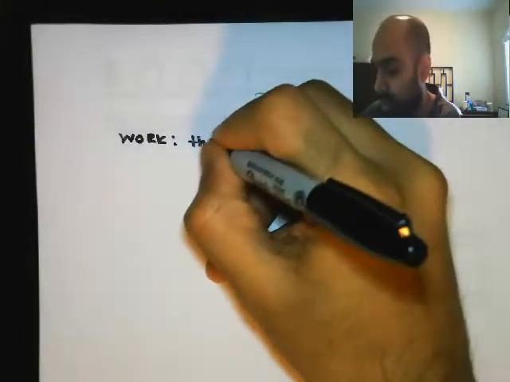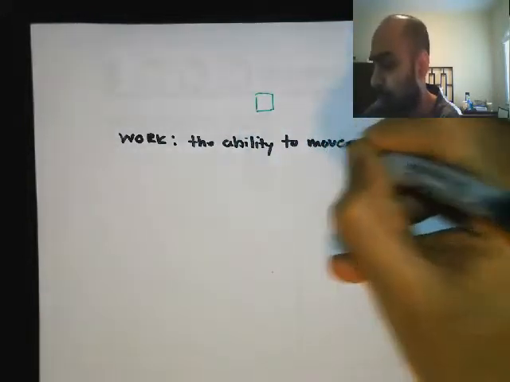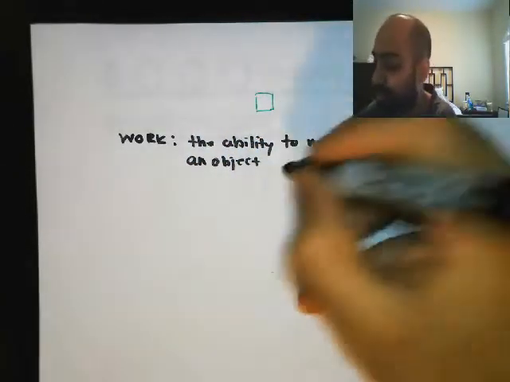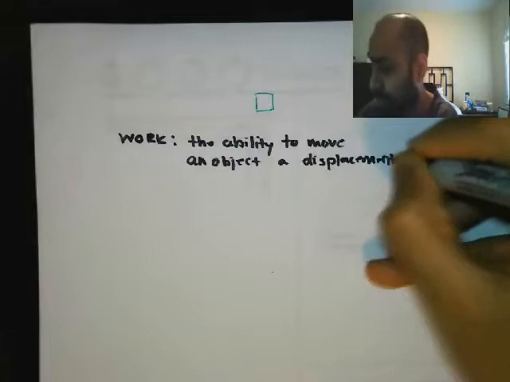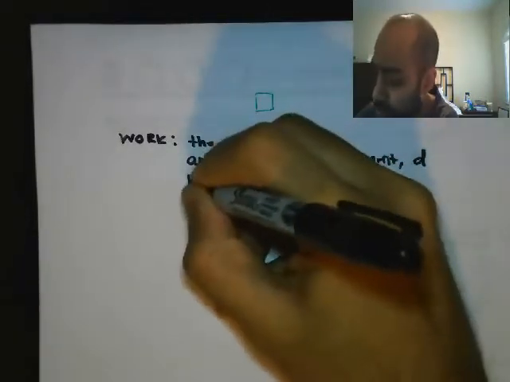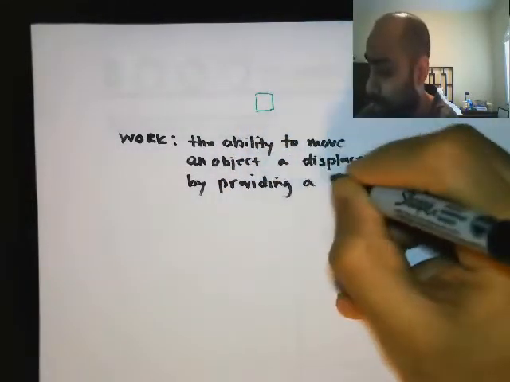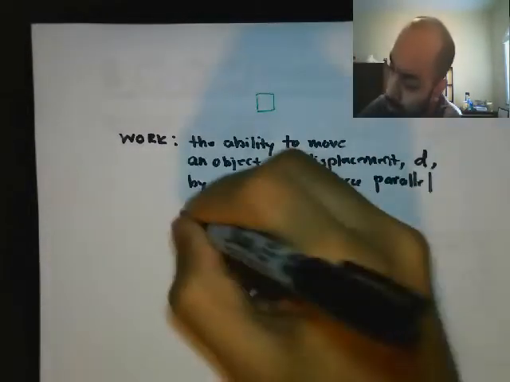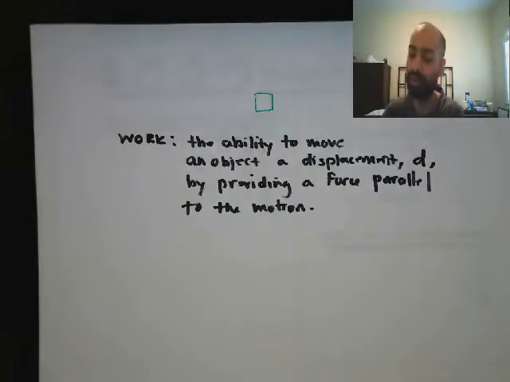Well, work is going to be defined as the ability to move an object a displacement, call that d, by providing a force parallel to the motion. Okay, so a couple key factors here as you read this definition.